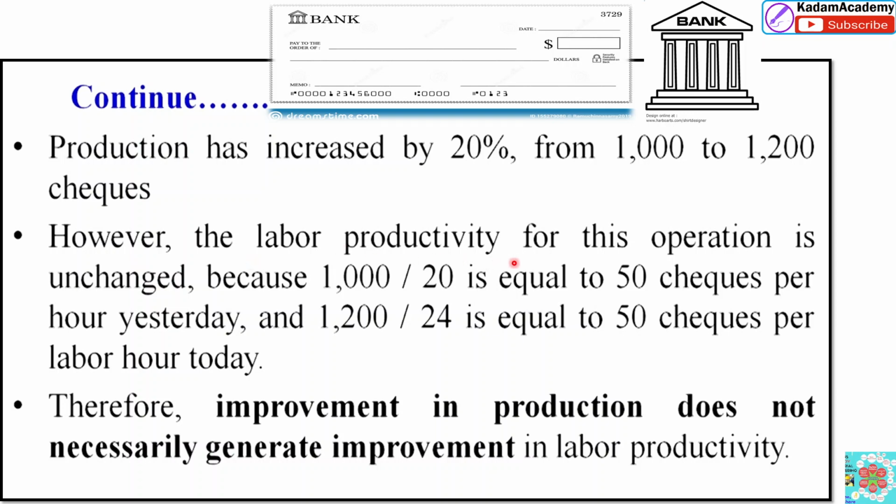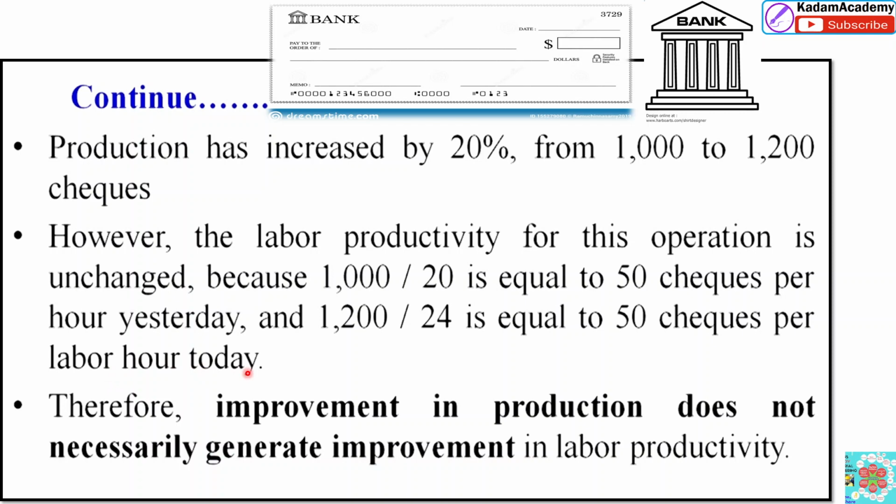However, the labor productivity for this operation is unchanged. How? See here, 1000 upon 20, that is output upon input, is equal to 50 checks. Similarly, for today, 1200 upon 24 labor hours, that is also 50 checks per labor hour.